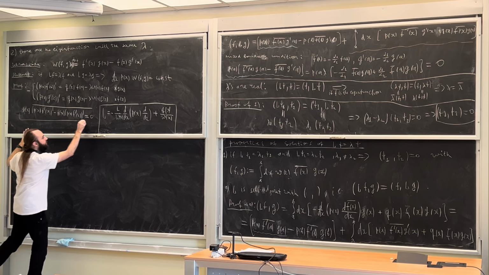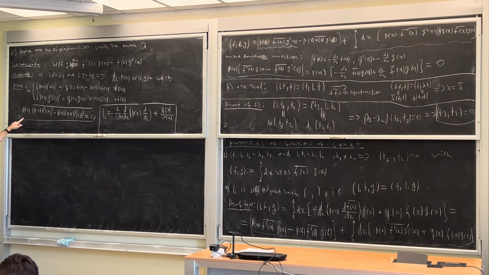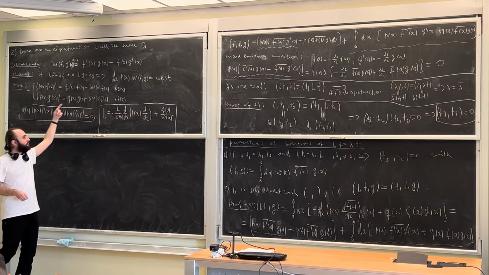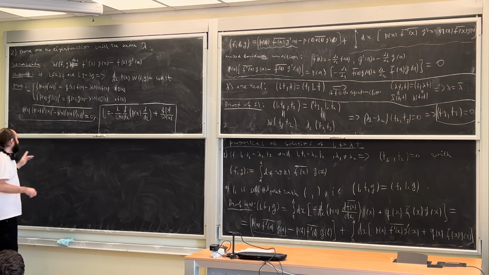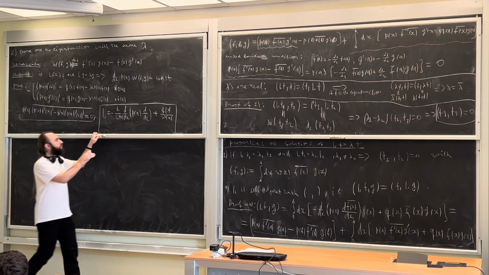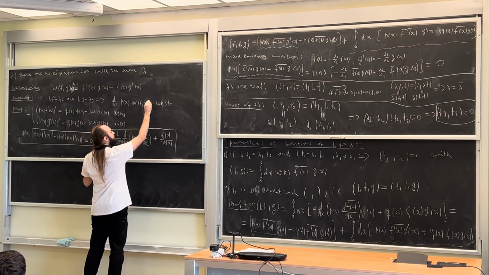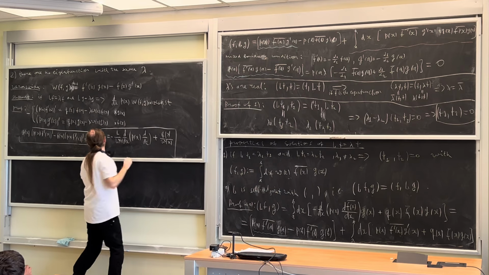So we have obtained this equation, and now let's compute these derivatives. What happens if we compute the derivative of p? We get precisely our Wronskian, multiplied by p prime. I forgot to indicate the x dependence here explicitly.